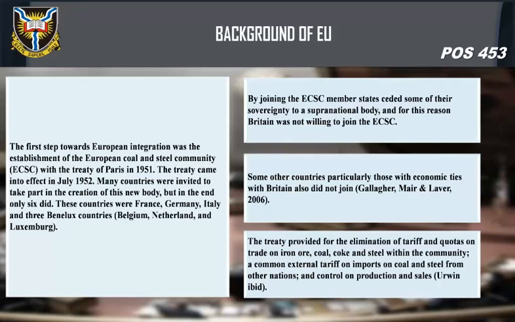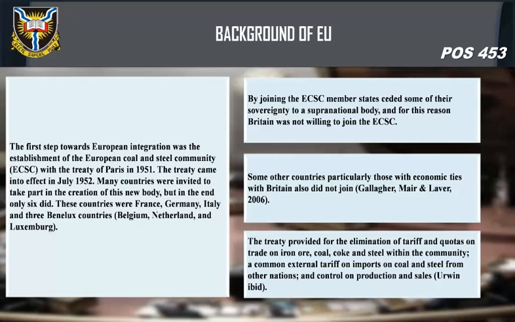The first step towards European integration was the establishment of the European Coal and Steel Community (ECSC) with the Treaty of Paris in 1951. The treaty came into effect in July 1952. Many countries were invited to take part in the creation of this new body, but in the end, only 6 did. These countries were France, Germany, Italy, and 3 Benelux countries, Belgium, Netherlands, and Luxembourg.